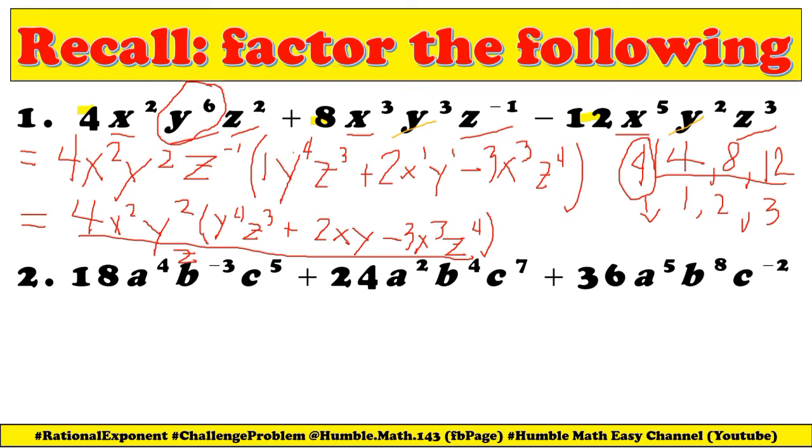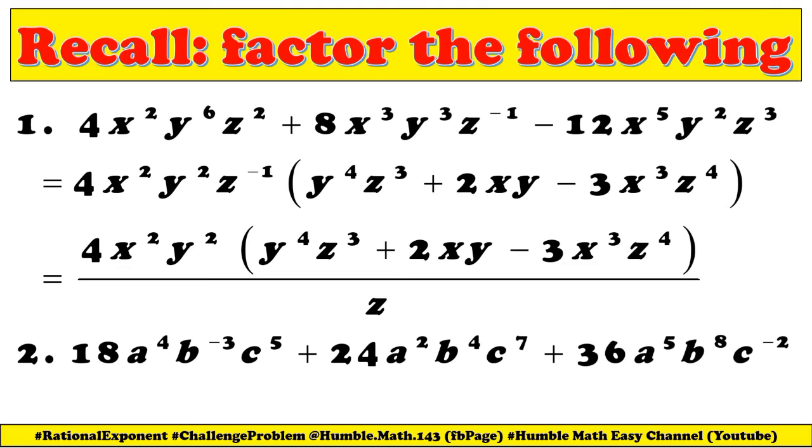Why do we have to bring down the z? As we can see, the exponent here of z is negative, so in simplifying further, we don't have a negative exponent. Okay, so that's it. This is now the totality of the answer in our given problem number 1. Again, the answer for number 1 is 4x squared y squared times the quantity of y to the 4 z cubed plus 2xy minus 3x cubed z to the 4, all over z.